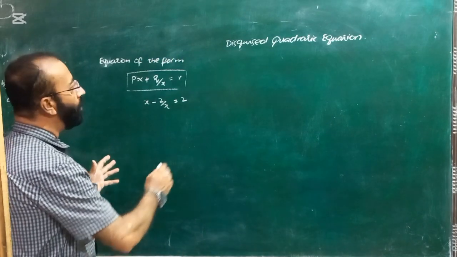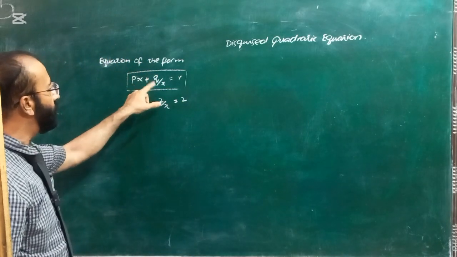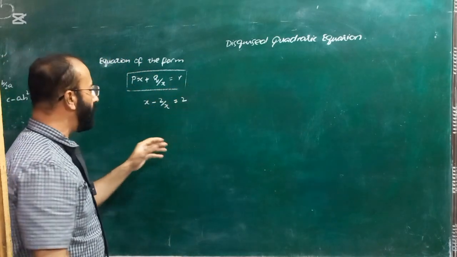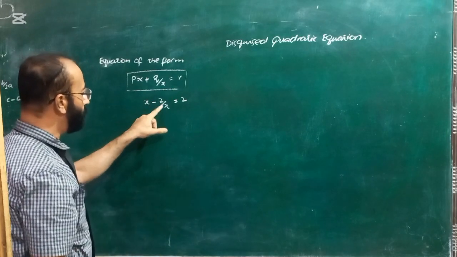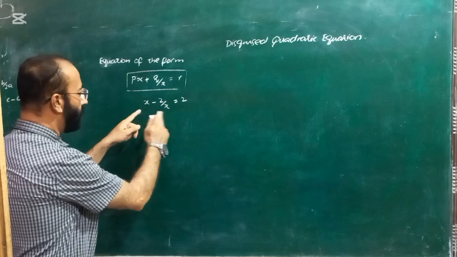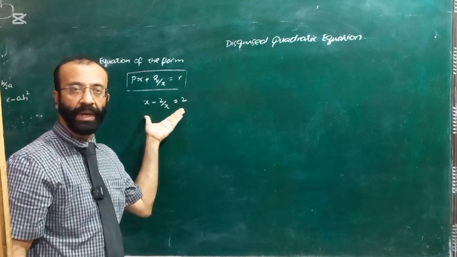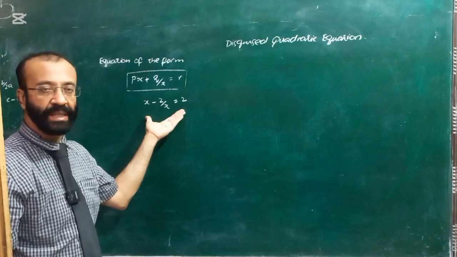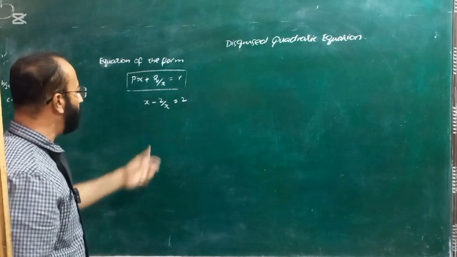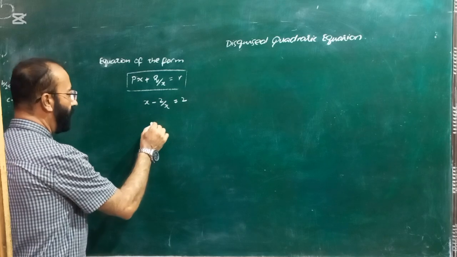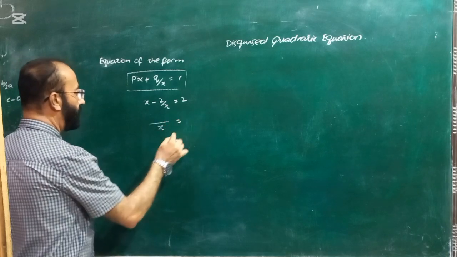The second form of the disguised quadratic equation is px + q/x = r. Here is an example of this form: x - 2/x = 2. Apparently this equation doesn't look like a quadratic equation, but after solving it you will see it becomes quadratic. The requirement is to solve it. This is the equation, so we will take the LCM on the left hand side.